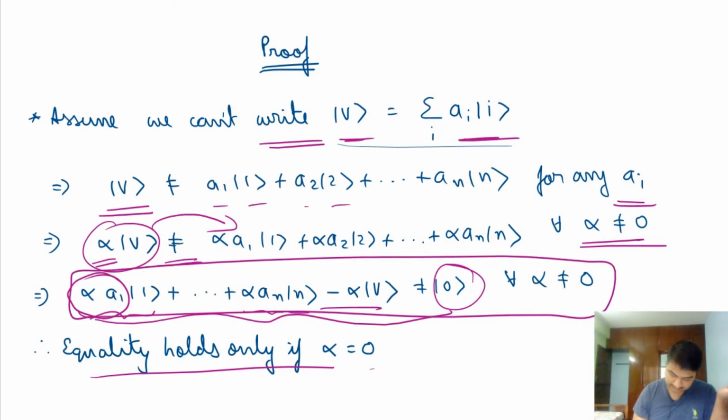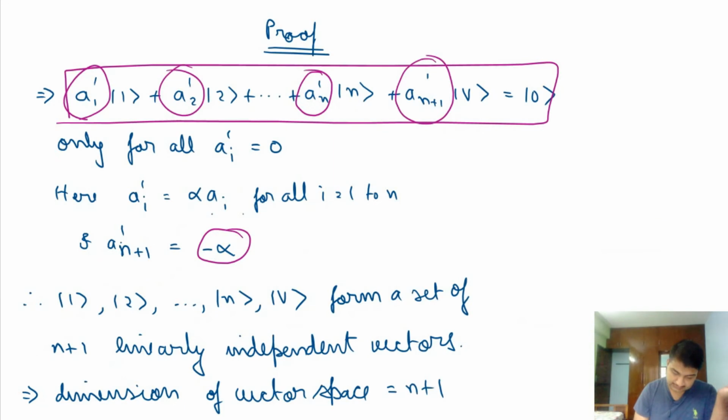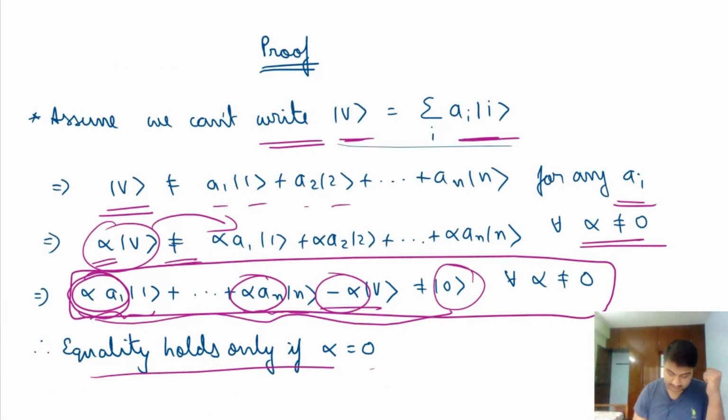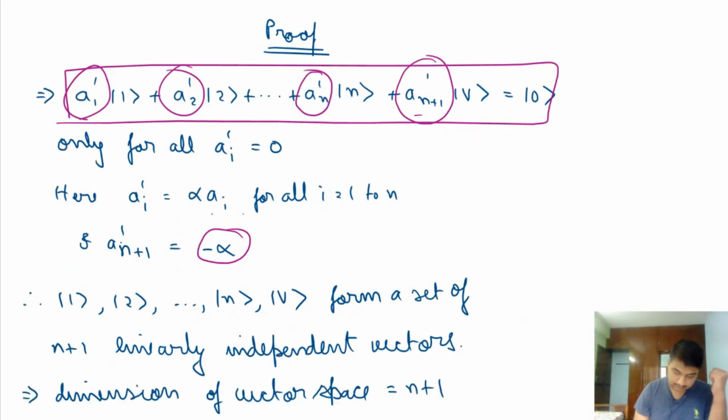All I have done is rename these as a1 dash, a2 dash, an dash up till a n plus 1 dash. Since the equation is valid only when alpha is equal to 0, all of these coefficients are going to become 0. This equation is valid only when all of these ai dash become equal to 0.